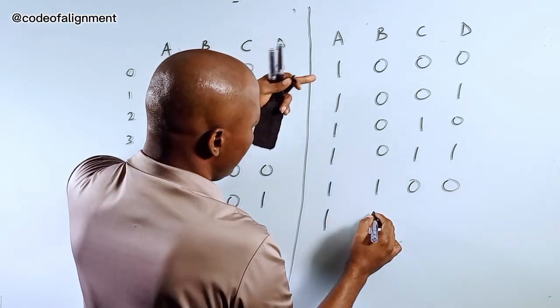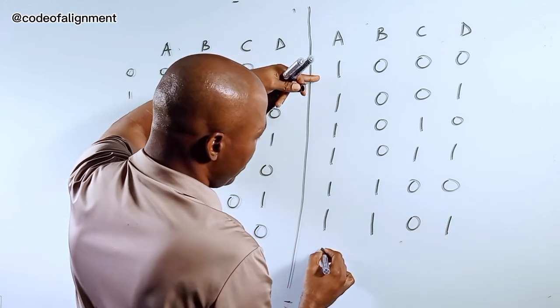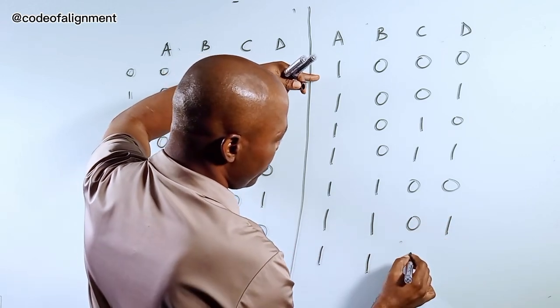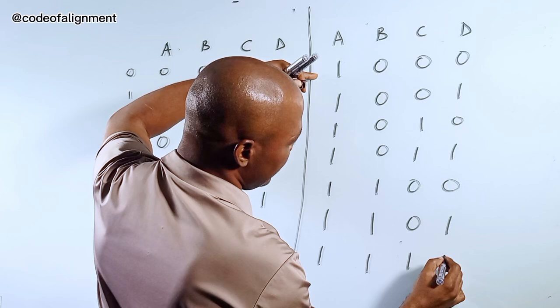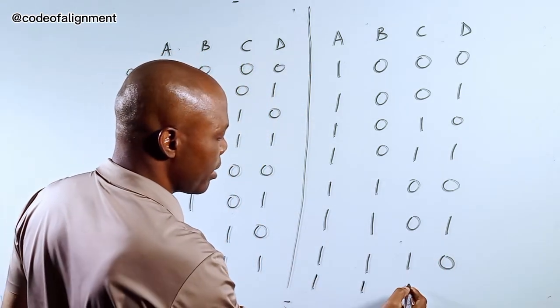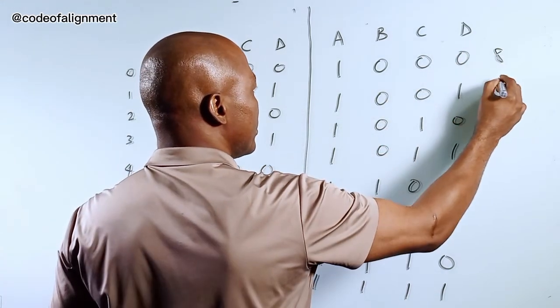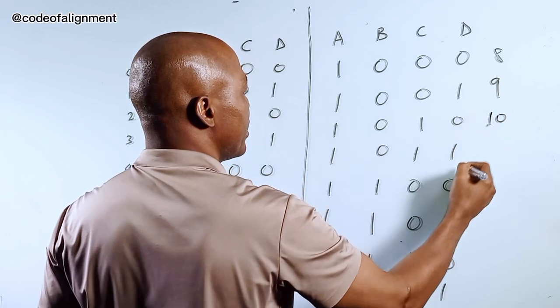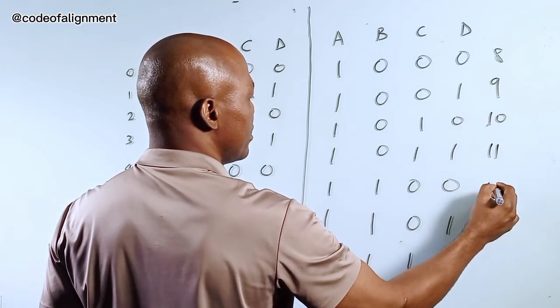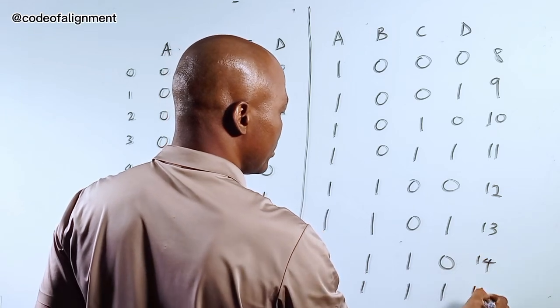1, 1, 0, 1. 1, 1, 1, 0. And then we have 1, 1, 1, 1. So this is 8, this is 9, this is 10, this is 11, this is 12, this is 13, this is 14, and then this is 15.